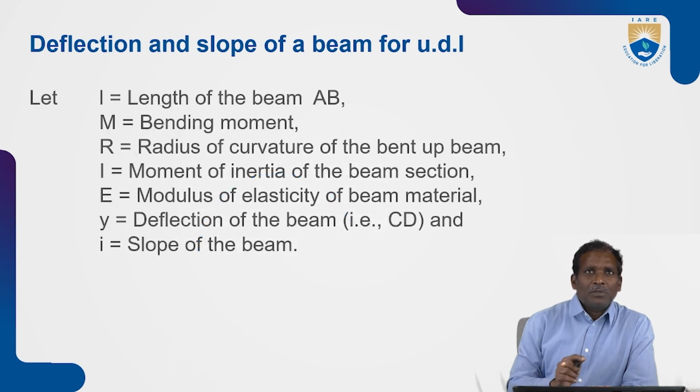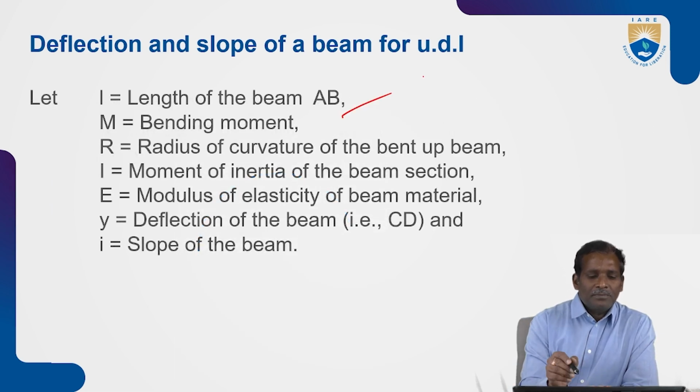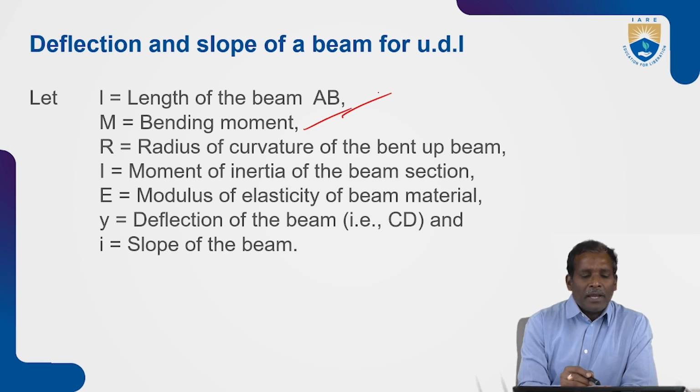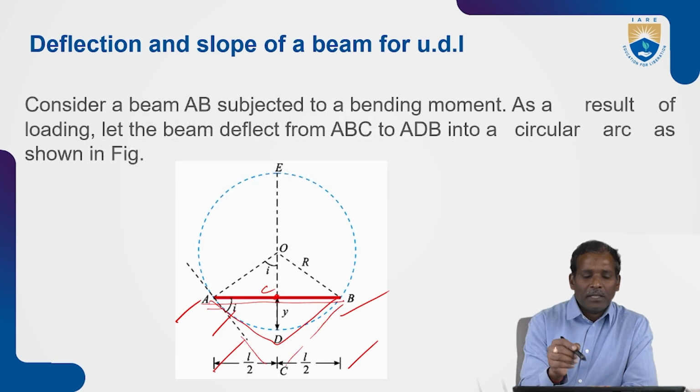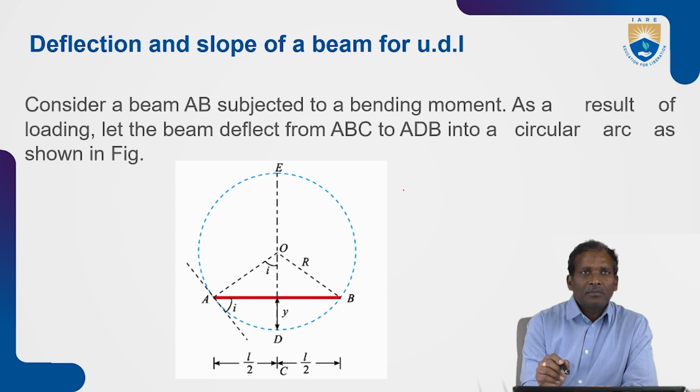So let the length of the beam AB be L, M the bending moment, and R the radius of curvature of the bent beam, as already shown in the figure.